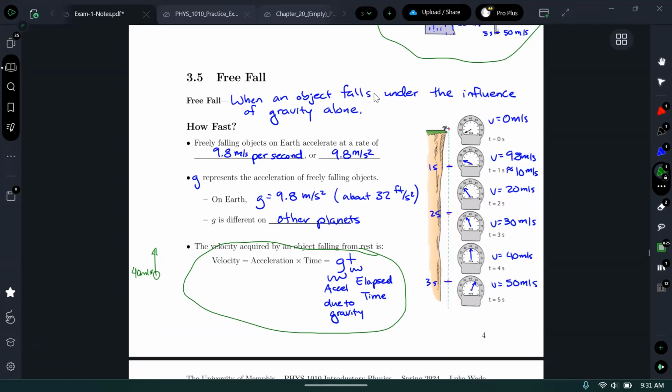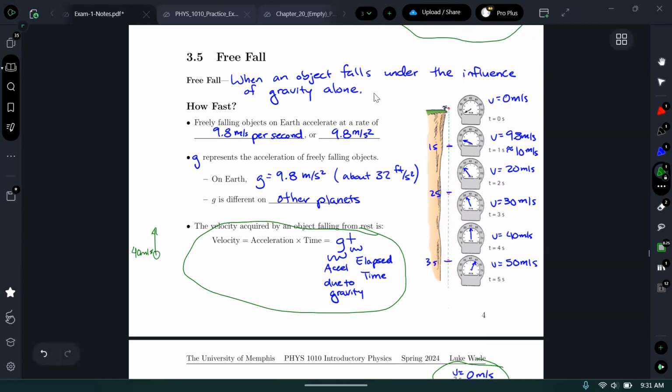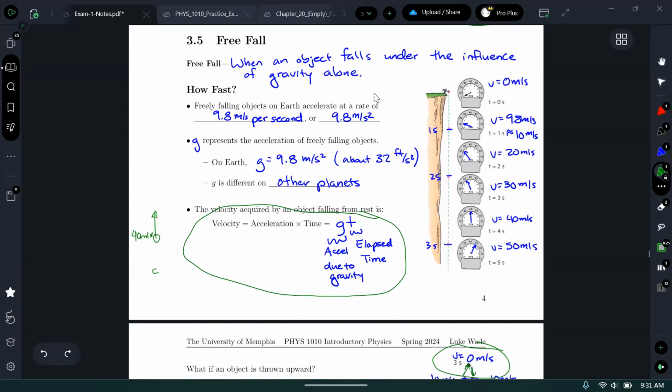So say I get asked about 9 seconds later. I'm just pulling a number, you could do this with any number. You could either, if you're more algebra minded, use that equation.